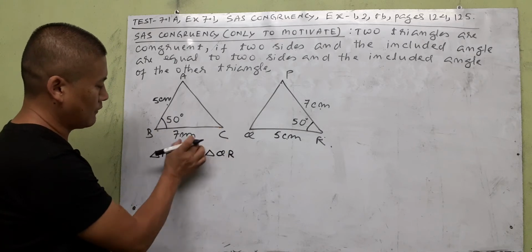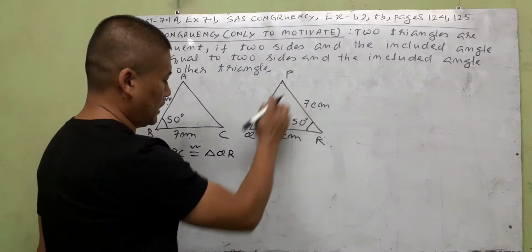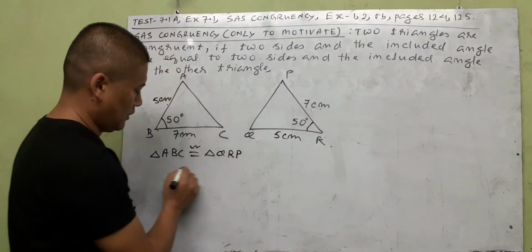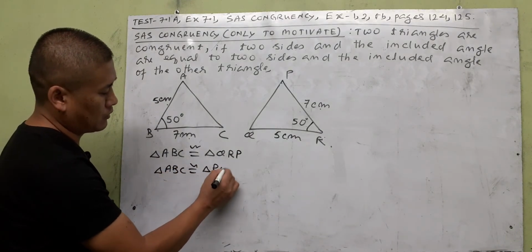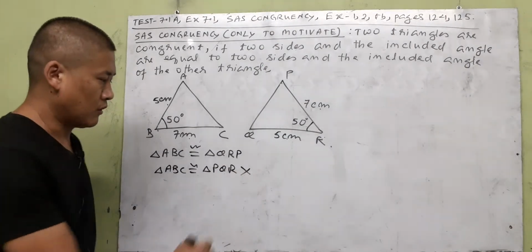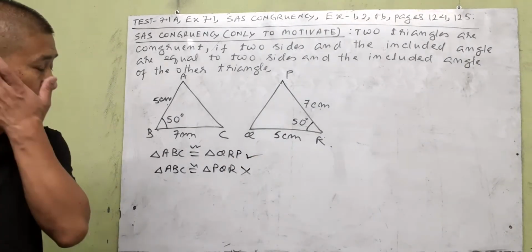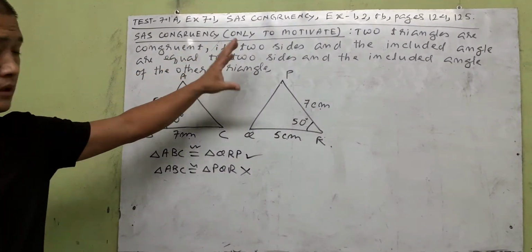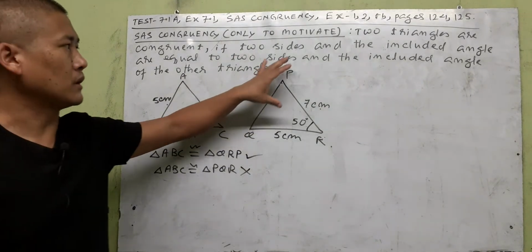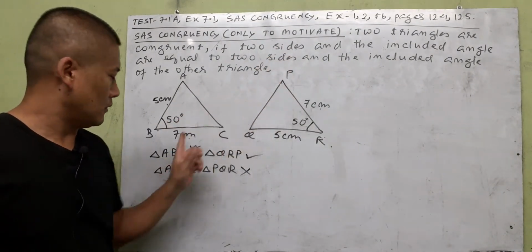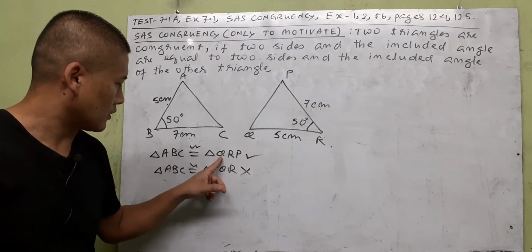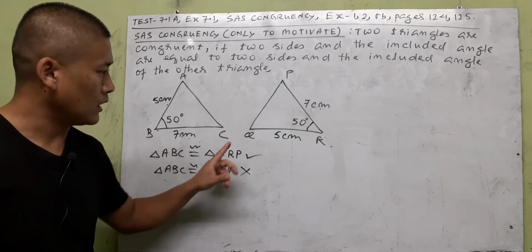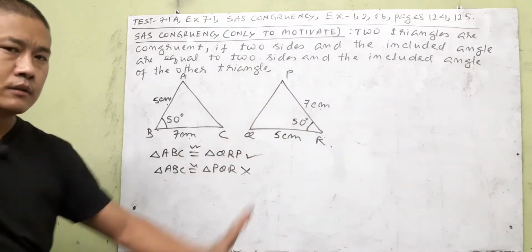So BC is 7, so RP, QRP. If you wrote ABC congruent to triangle PQR, this will be wrong. This is the correct way of writing, because in congruent triangles, similar triangles, the three vertices of the triangle should be corresponding. That means A corresponds to Q, B to R, looking at the condition given.